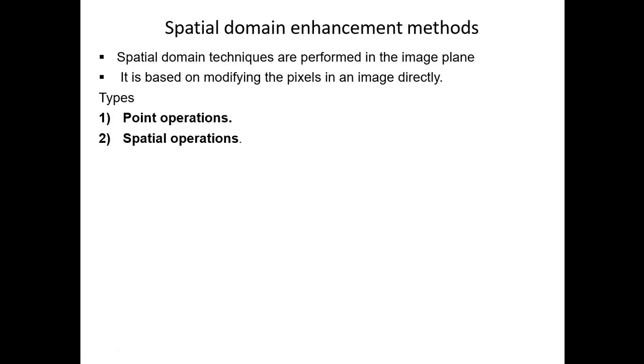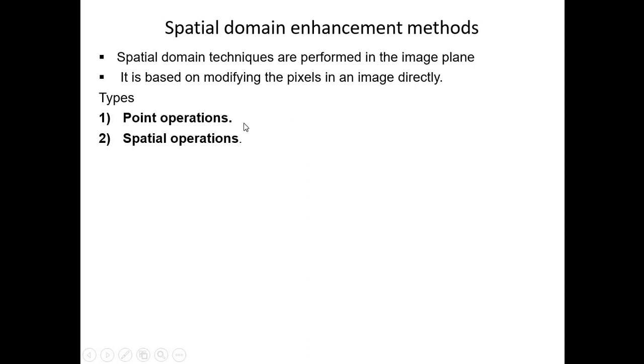Now this spatial domain enhancement method, as we know now, is the technique performed in the image plane itself. It is the technique where the transformation applies directly on the pixel values. It is the technique where we are modifying the pixel values directly, right? So this is called spatial domain transformation, and in this process we are modifying the pixels directly by considering transformations of the type point operation and spatial operations.